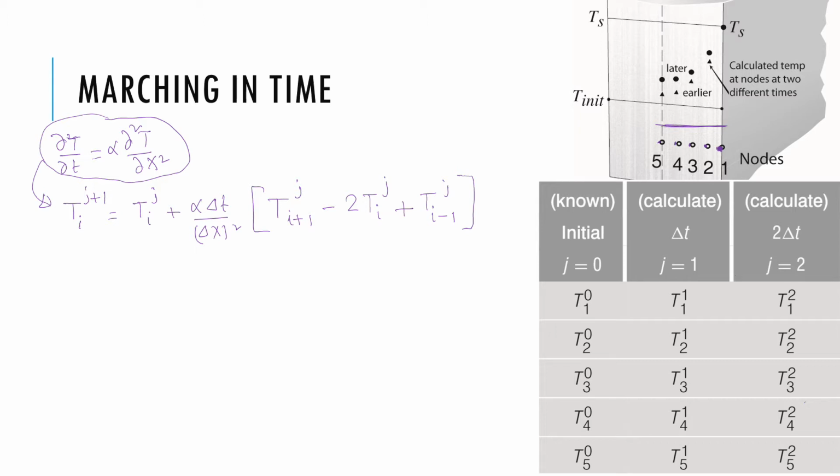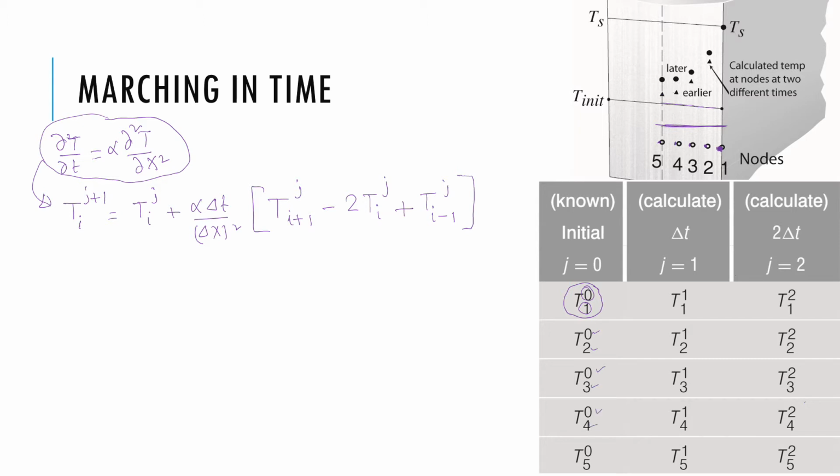And we start from some initial temperature, and then we are going to solve these values, and so let's see how that goes. At j equal to 0, I have these temperatures: temperature at 1 at time 0, temperature at 2 at time 0, temperature at 3 at time 0, temperature at 4 at time 0.